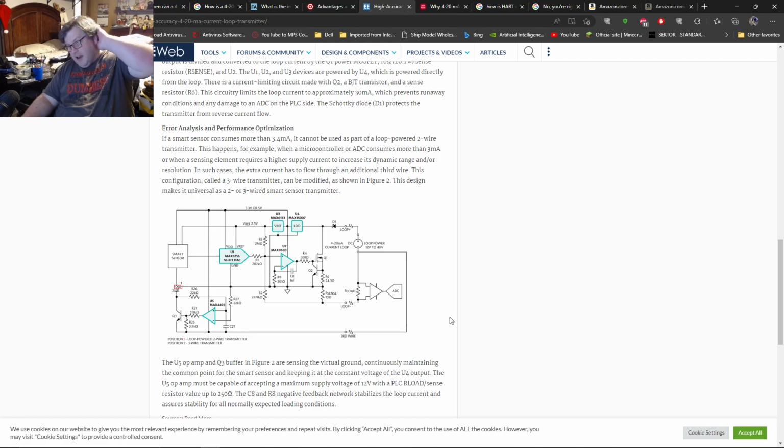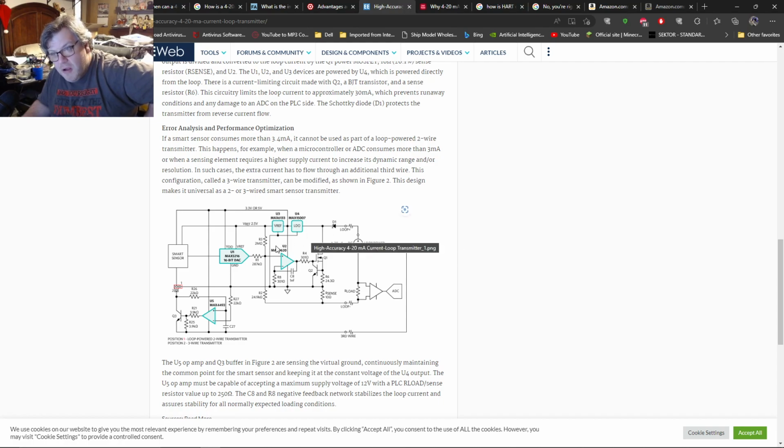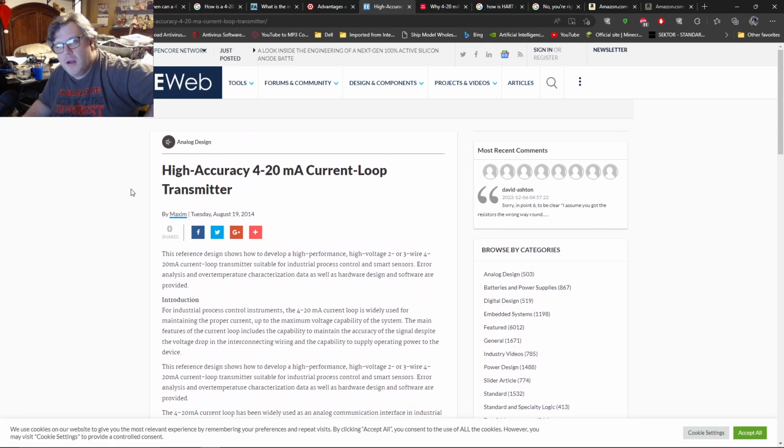Now that I think about it, this would be a good project for instrumentation. Find the components you need and build your own high accuracy 4 to 20 milliamp current loop transmitter. There you go. And see if it works, and see if you got it right.